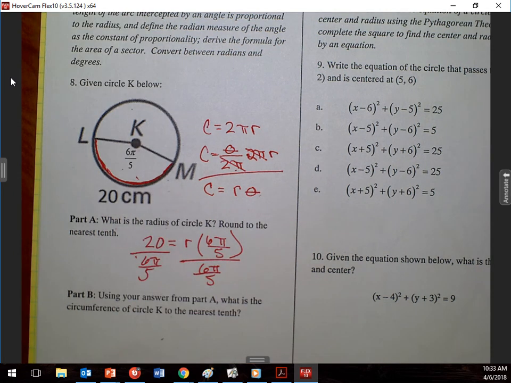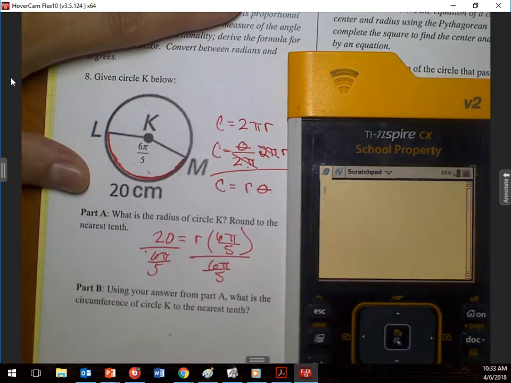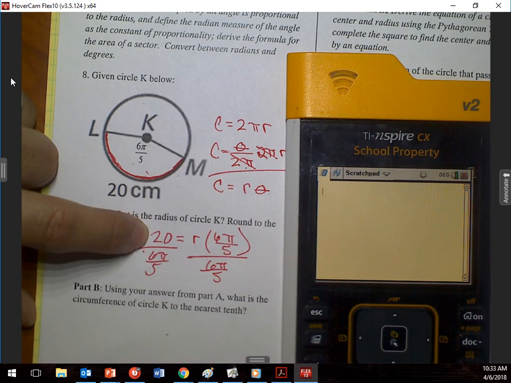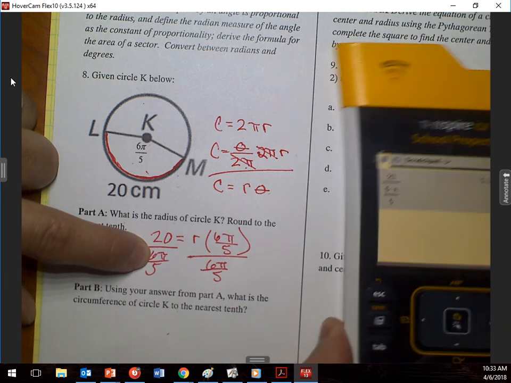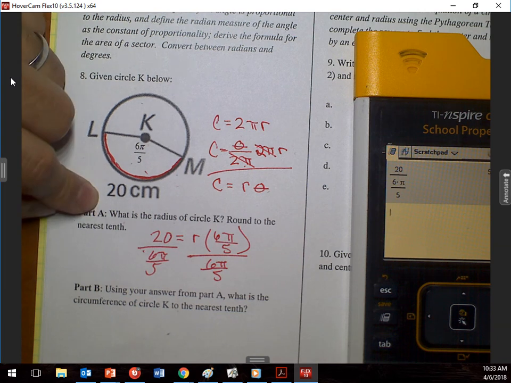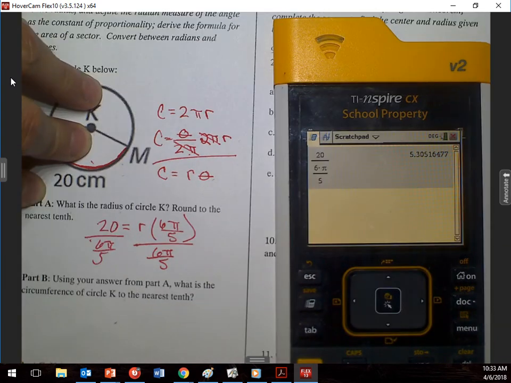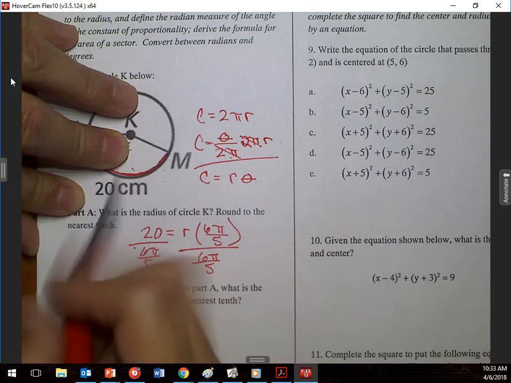In your handy dandy calculator, do 20 divided by 6 pi over 5. It's 2.9439510. And it says round to what? The nearest tenth. So that's going to be 5.3. So r is 5.3.